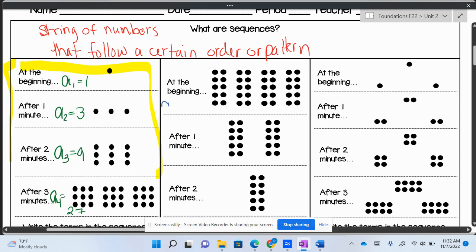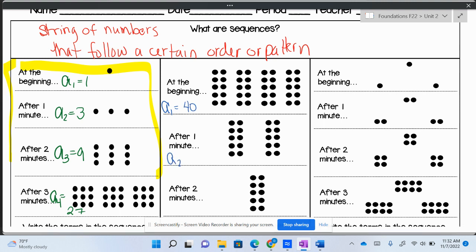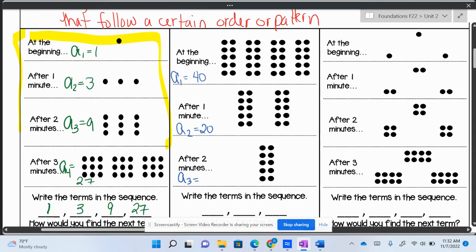So a to the 1, the first term is what? It's 40. The second term is 20. The third term, Naya, how many points are at that third section? 10.